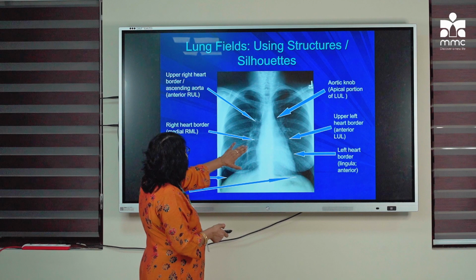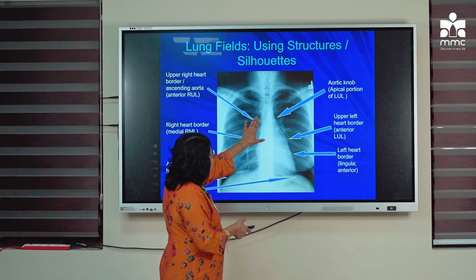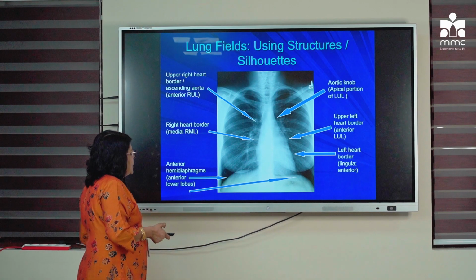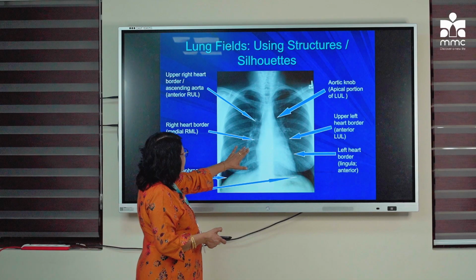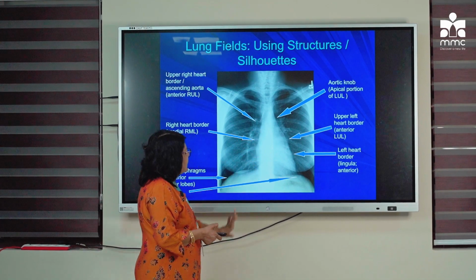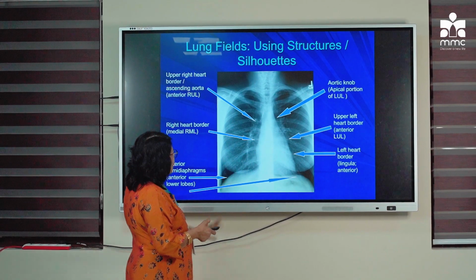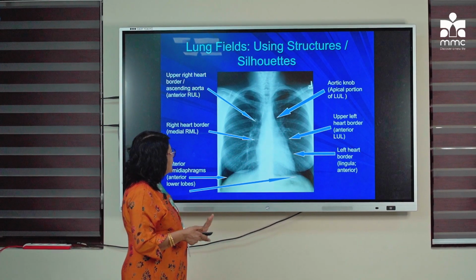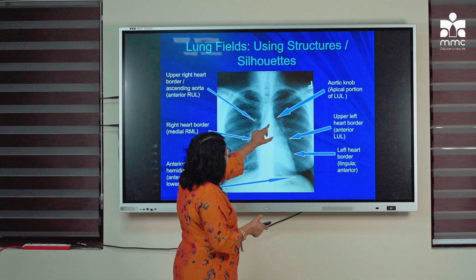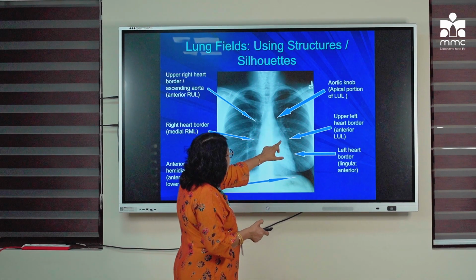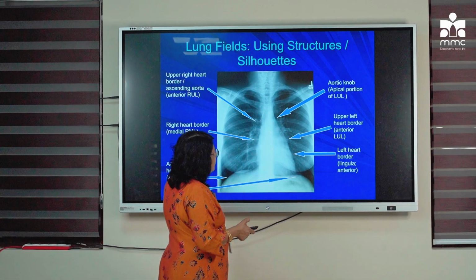So what does this stand for? Ascending aorta: if there is any pathology in the lung and the ascending aorta is obliterated, there is a pathology in the upper lobe or in the anterior mediastinum. If there is a pathology hiding the right atrium, you are not able to see the right atrium, it indicates a pathology in the middle lobe or in the middle mediastinum. And if the upper left border is obliterated, it indicates pathology in the left upper lobe.